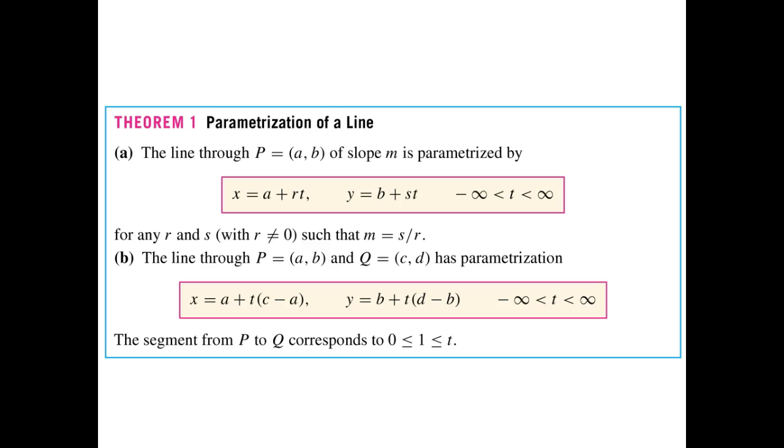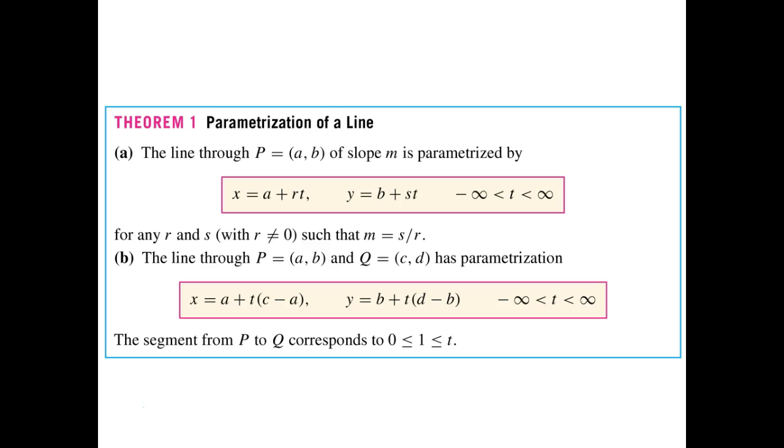Any values r and s work as long as the slope is equal to s over r. So give me a slope. Make up a slope. 1 over 2, 1/2. Okay? So your s could be 1 and your r could be 2. s could be 7 and r could be 14. s could be -3 and r could be -6. So any values r and s can do as long as they meet the requirement that s over r be 1/2.